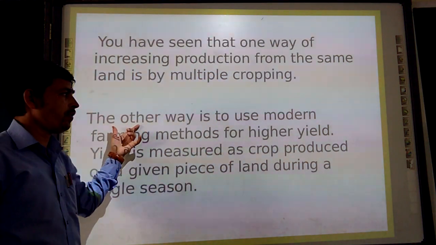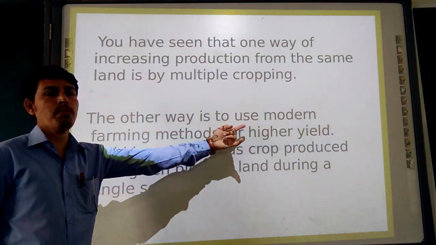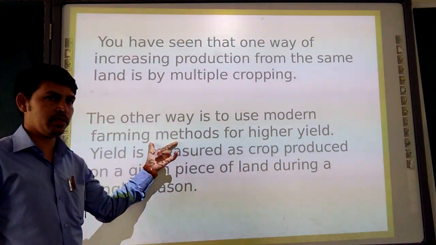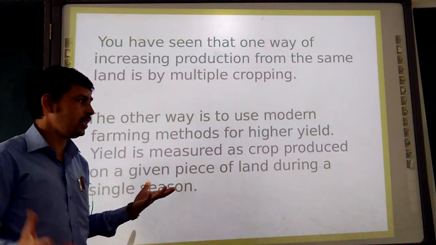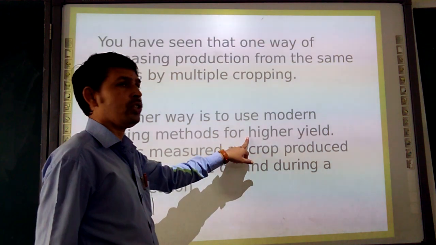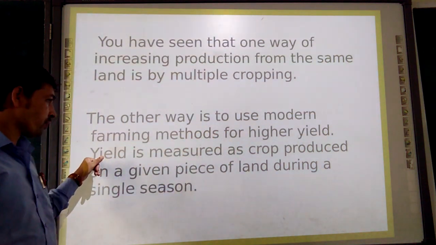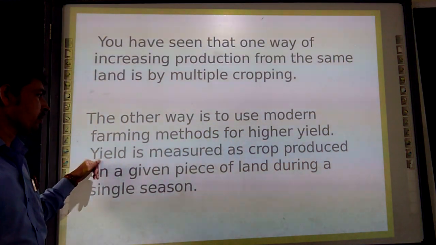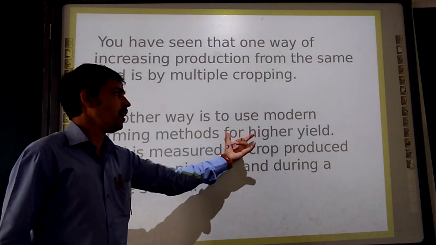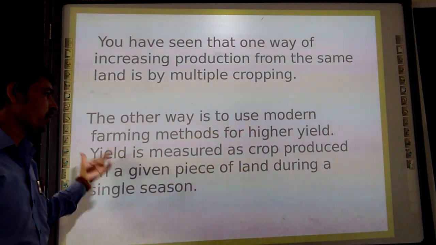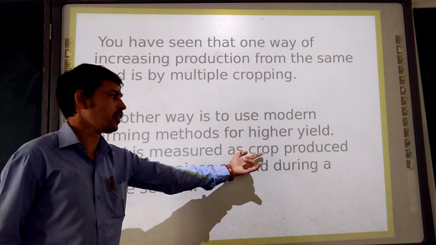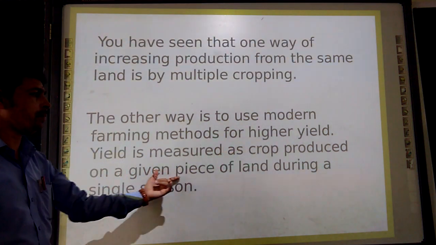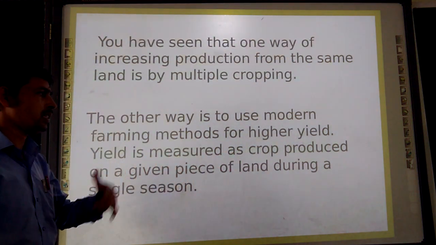Next, another way is to use modern farming methods. So what are modern farming methods? In that we are using HYV seeds, which give a higher yield, measured as the crop produced on a given piece of land during a single season.